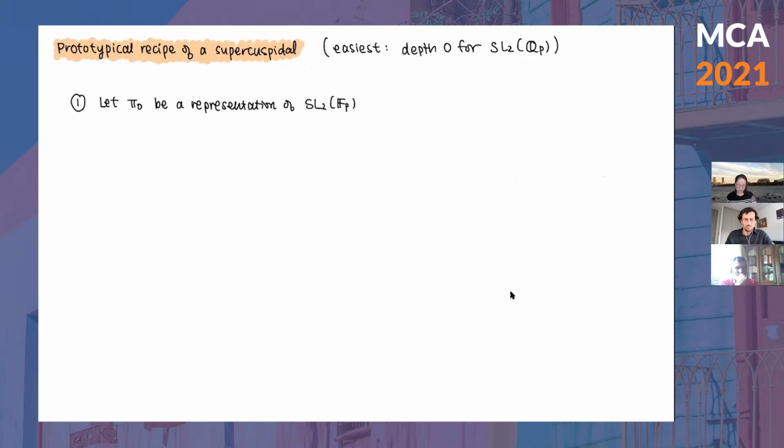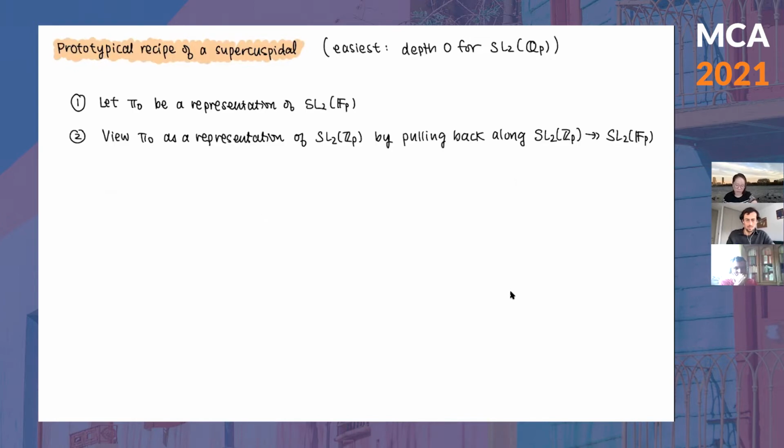The starting point is to take an irreducible representation of SL2(F_p). This is just a finite group. I'm trying to get to SL2(Q_p), but one thing I do know is that I have a surjection from SL2(Z_p) to SL2(F_p). So any representation of SL2(F_p), I can pull back to an action of SL2(Z_p).